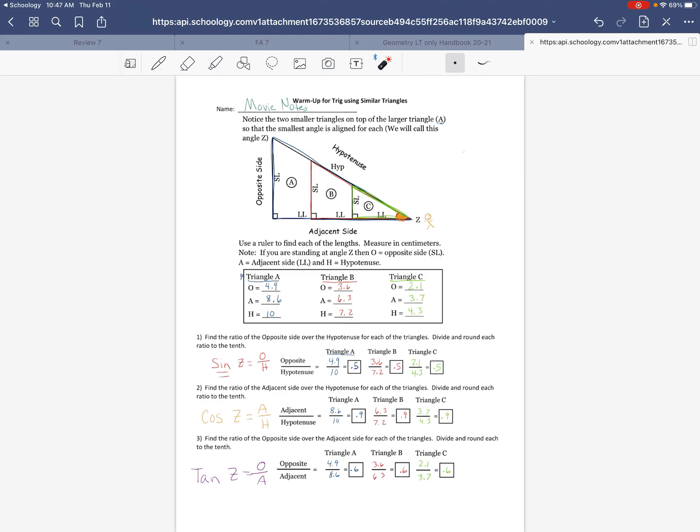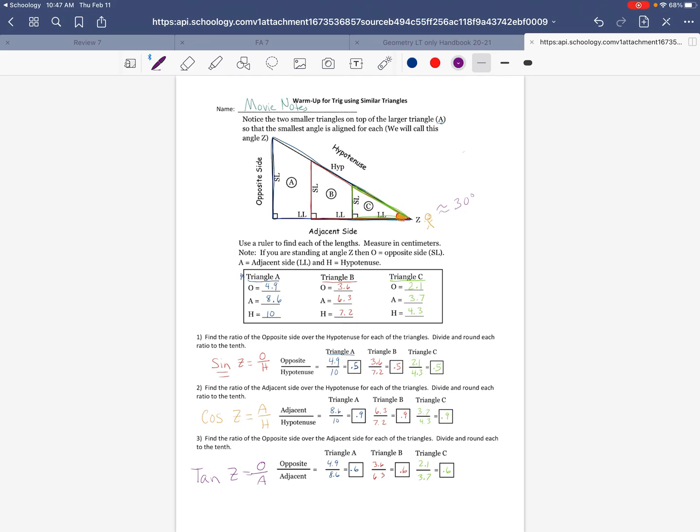So they started to make these books with all of the ratios for all the potentially different angles that you could have. For example, this angle could be about 30 degrees. And so the sine of 30 degrees, the cosine of 30 degrees, and the tangent of 30 degrees would give us these different ratios. And that's what we're going to learn in class, is how to use our calculators to find what these ratios are.